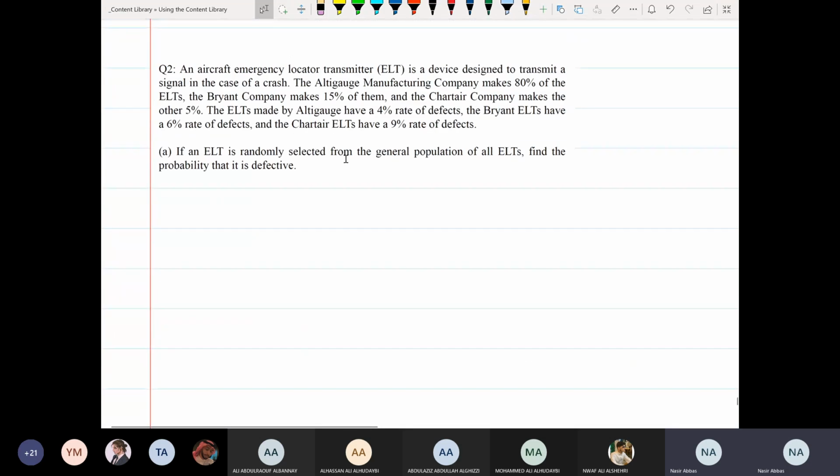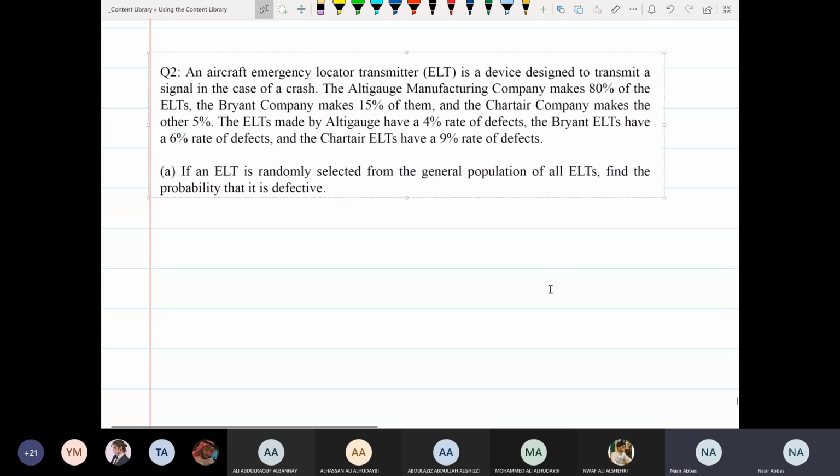Okay, we have another question here. Again, I'm going to start with highlighting the important information from the question. The question says that an aircraft emergency locator transmitter, ELT, is a device designed to transmit signals in case of a crash.